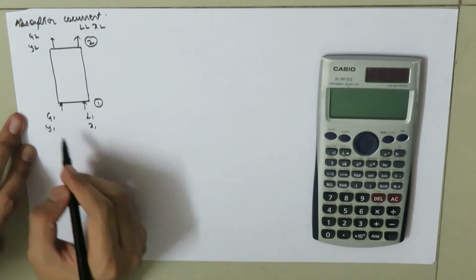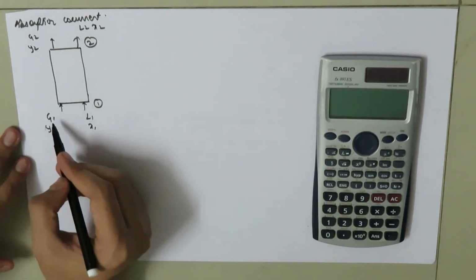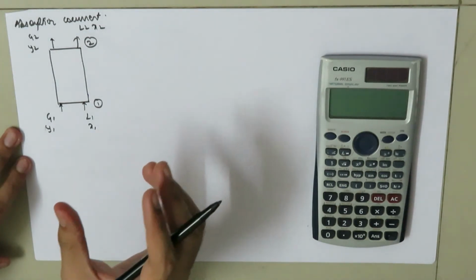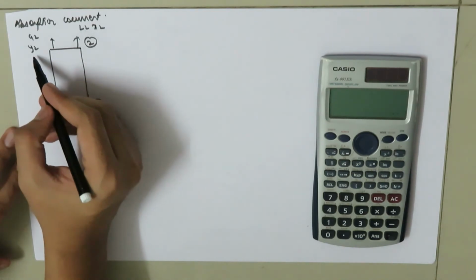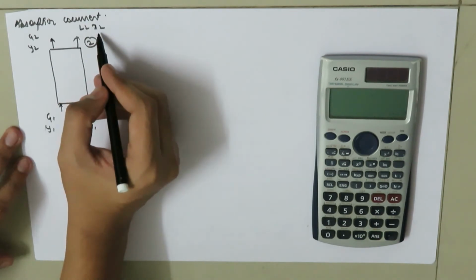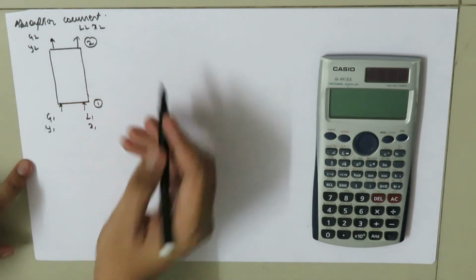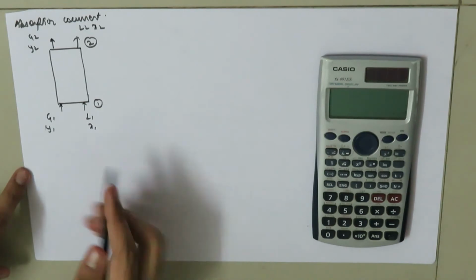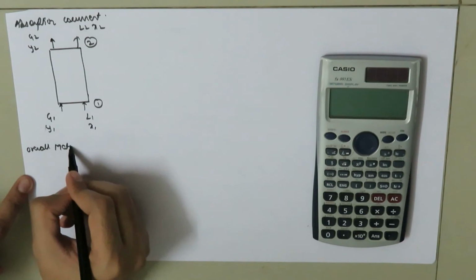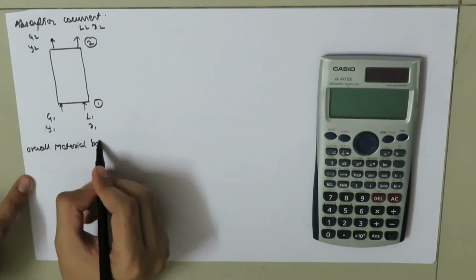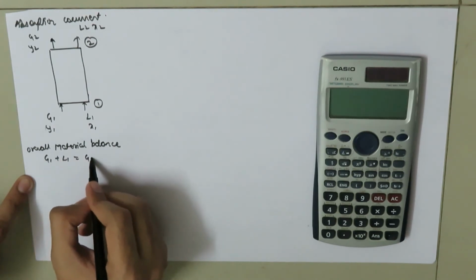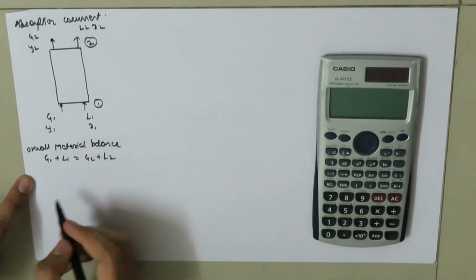Here Y1 is the mole fraction of ammonia present in the gas, and X1 is the mole fraction of ammonia present in very small amount in the liquid. Y2 is the mole fraction of ammonia in the outlet gas stream, and X2 is the mole fraction of ammonia in the outlet liquid stream. Now if we take the overall material balance, we get G1 plus L1 is equal to G2 plus L2.